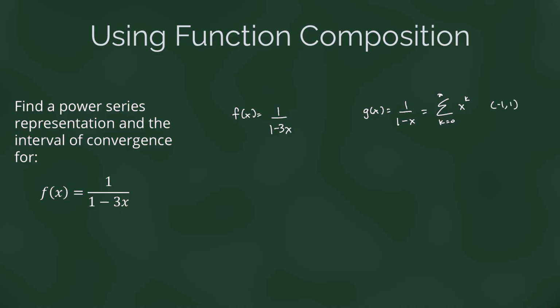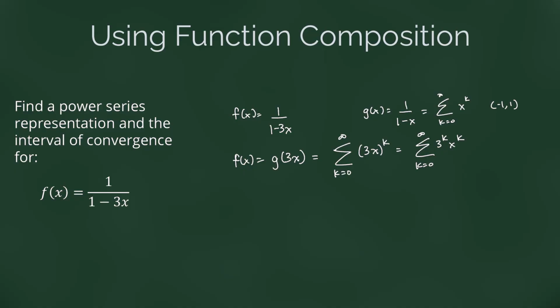But we're going to notice here then that f of x is equal to g of 3x, which means that we can write this as the sum from k equals 0 to infinity of 3x to the k, which is then the sum from k equals 0 to infinity of 3 to the k, x to the k.